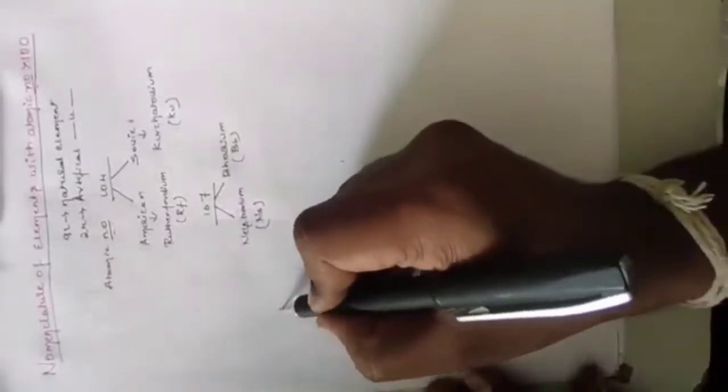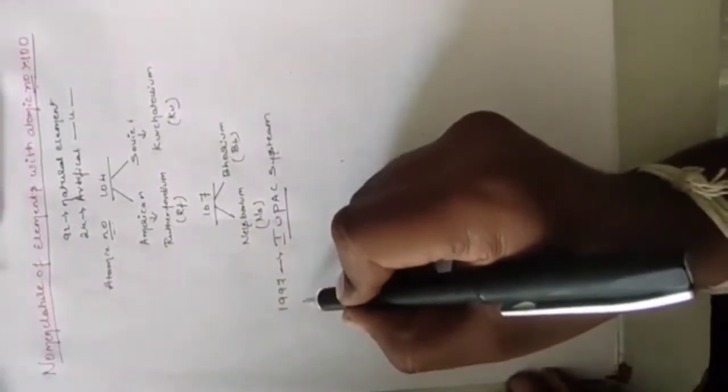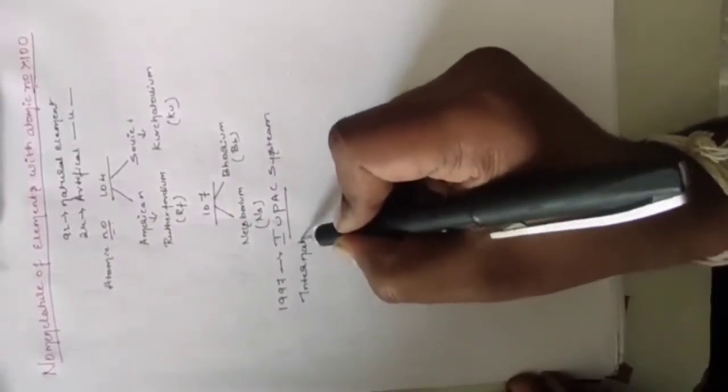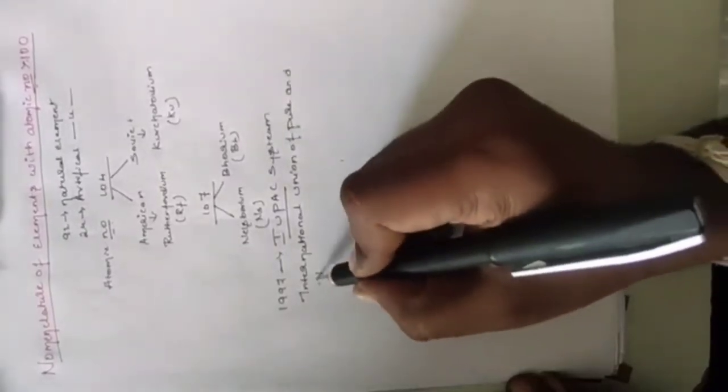Then in 1987 the IUPAC system came. What is this IUPAC? The idea is that all over the world there must be one element name. They gave one system, that is IUPAC. IUPAC is nothing but the International Union of Pure and Applied Chemistry.